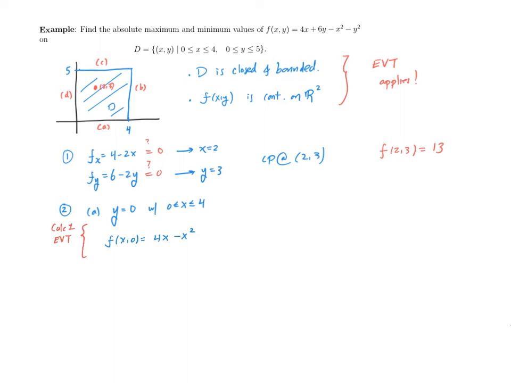And what the calculus 1 version of the extreme value theorem tells us is that those extreme values of interest occur at one of two types of points: the boundaries of the interval, i.e. 0 or 4, or a critical point in between. So if we differentiate to find the critical points, we would end up with 4 minus 2x, and a critical point occurs precisely when that quantity is equal to 0, which means x is equal to 2.